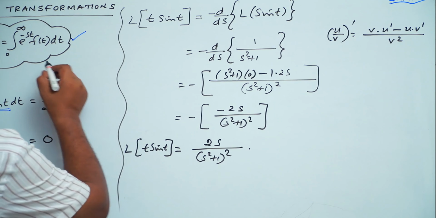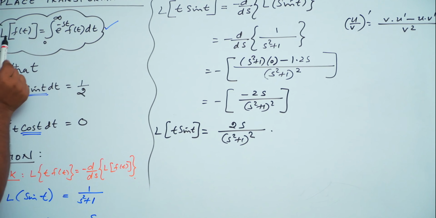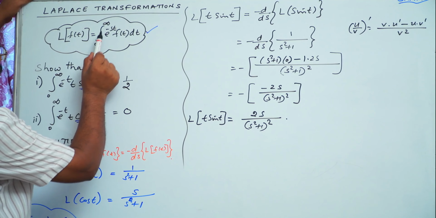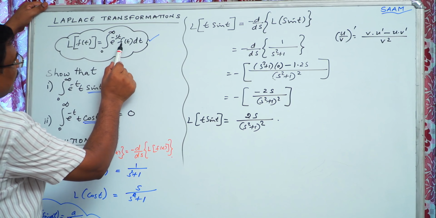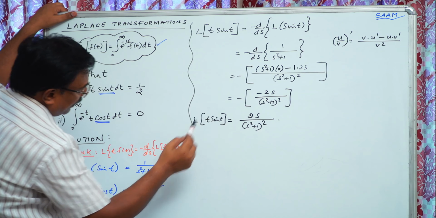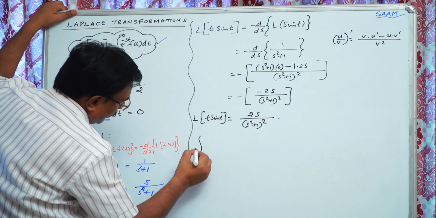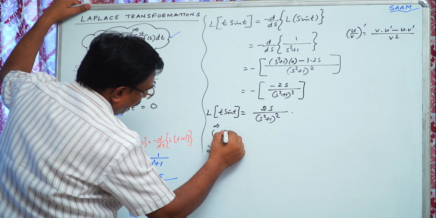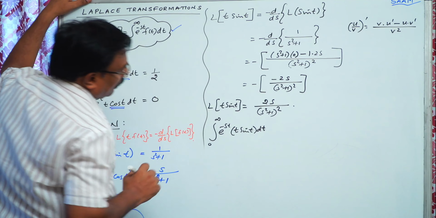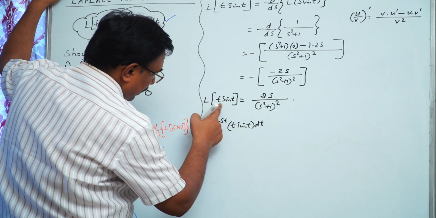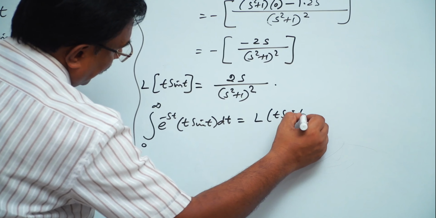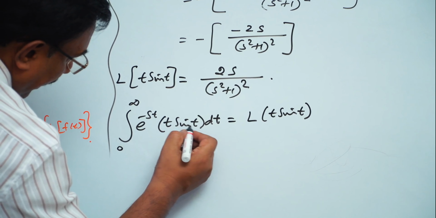One small thing. Laplace of f of t is the integral from 0 to infinity of e power minus st f of t dt. If I apply this formula for this step, I will get the integral from 0 to infinity of e power minus st t sin t dt, which is Laplace of t sin t.